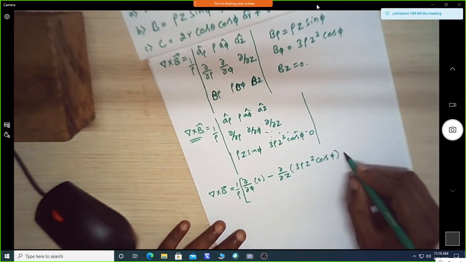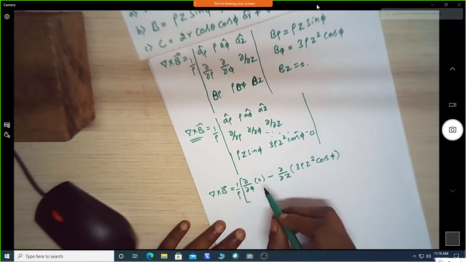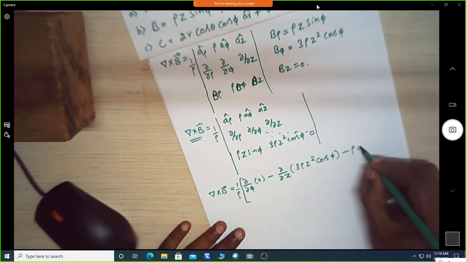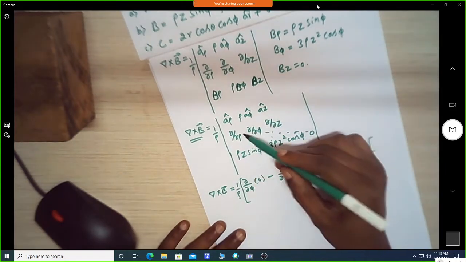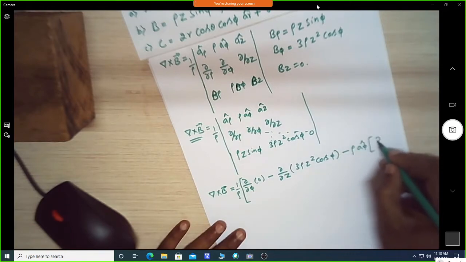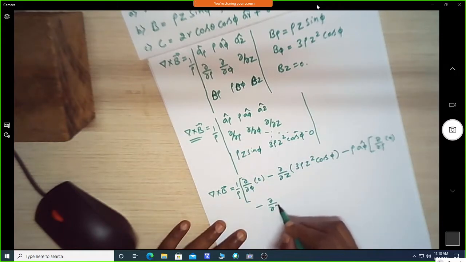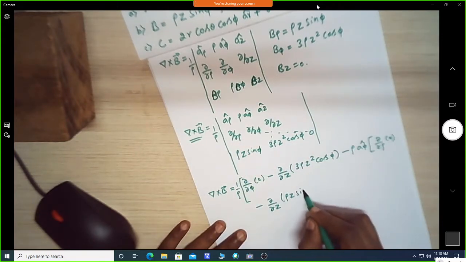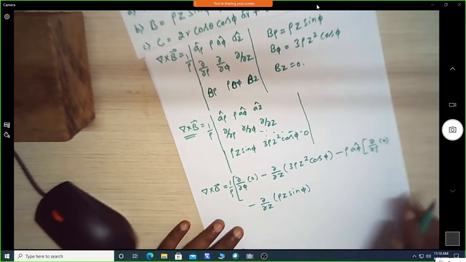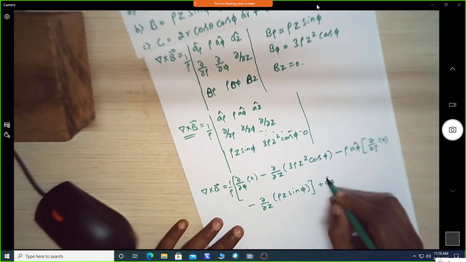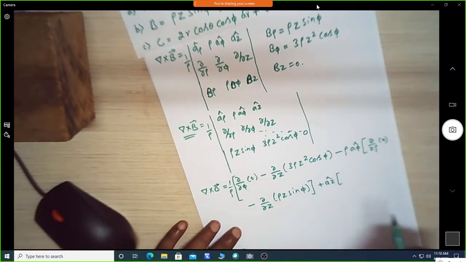Now here, this is the first component, and you can write it as rho a phi direction. So what is the value? It is del by del rho of 0 minus del by del z of rho z sin phi. This is in the phi direction, plus az in the az component.